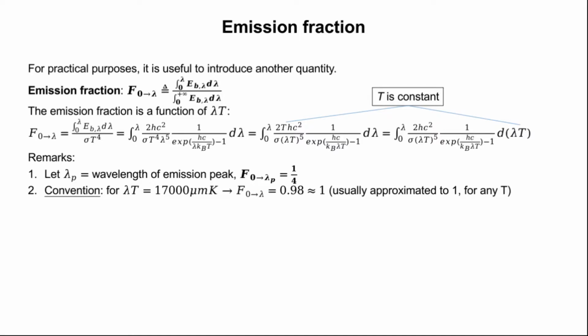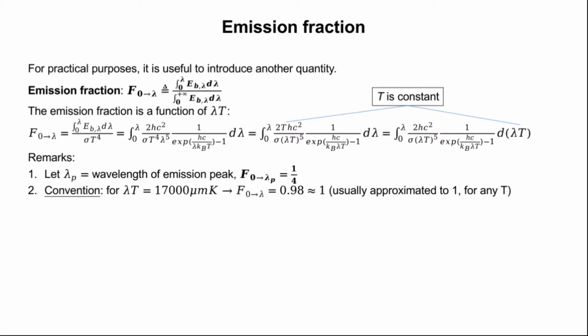For practical purposes, it is useful to introduce another quantity, the emission fraction. Emission fraction is defined as the ratio between the power emitted up to a certain wavelength lambda, and the whole power emitted by a body. As you can see from the demonstration in this slide, emission fraction is a function of the product of temperature and wavelength.